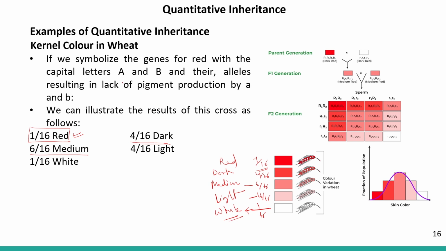So if we symbolize the genes for red with the capital letters A and B, and their alleles resulting in a lack of pigment production by small a and small b, we can illustrate the result of this cross as follows. So we can have so many combinations.